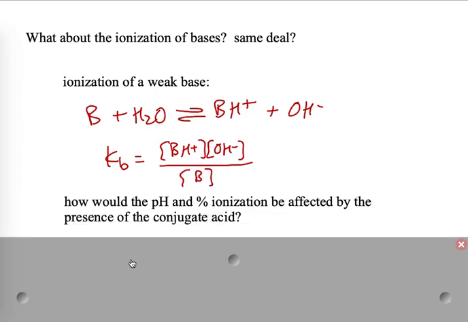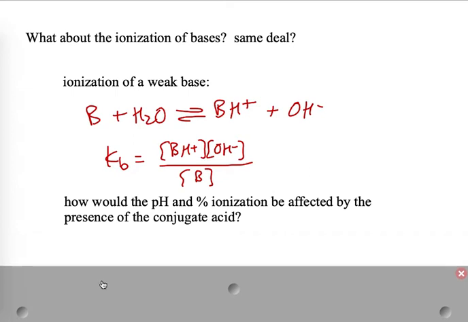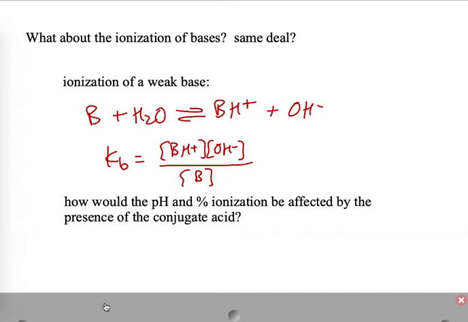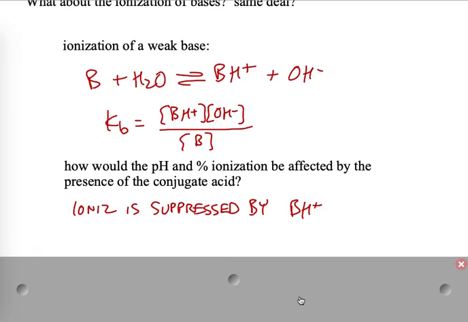So, how would the pH and the percent ionization of the base be affected by the presence of the conjugate acid? Well, based on what we saw before and what we inherently understand, we would expect that the ionization would be suppressed by the concentration of BH+. Well, once again, let's do an example and see if that actually is the case.